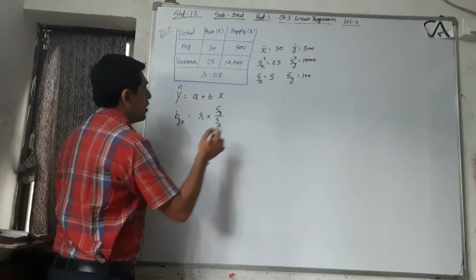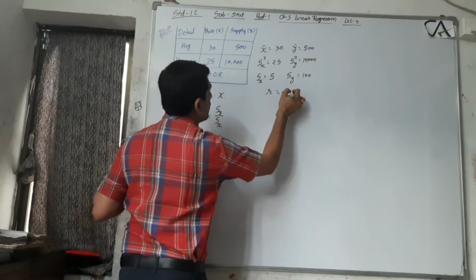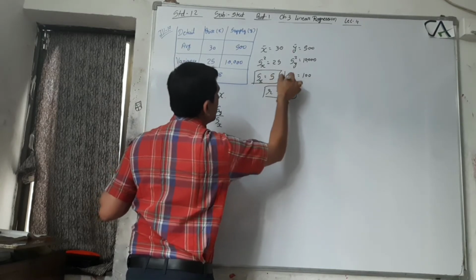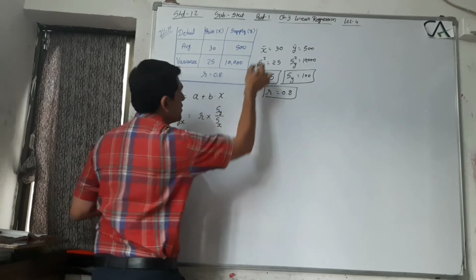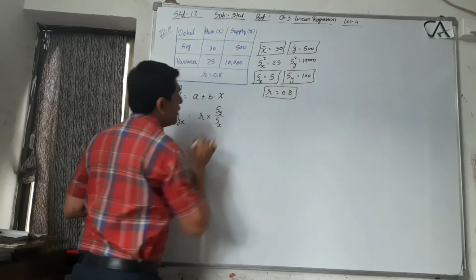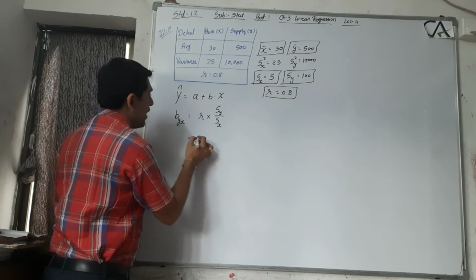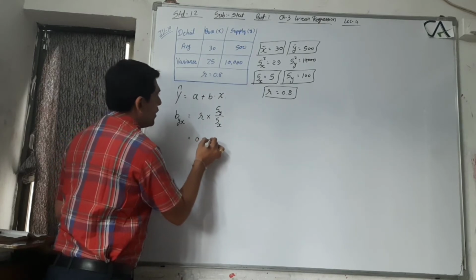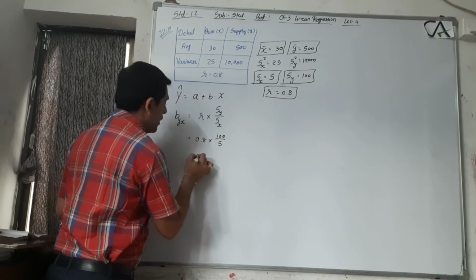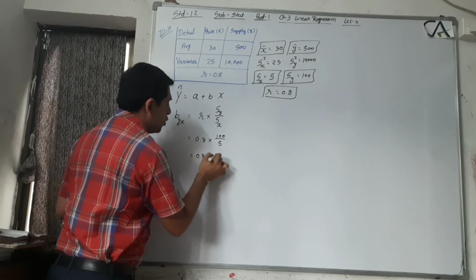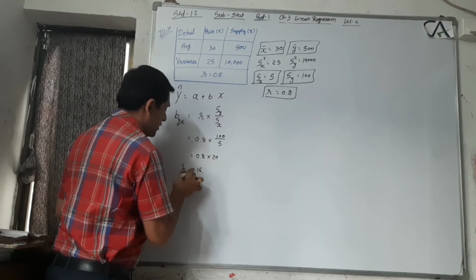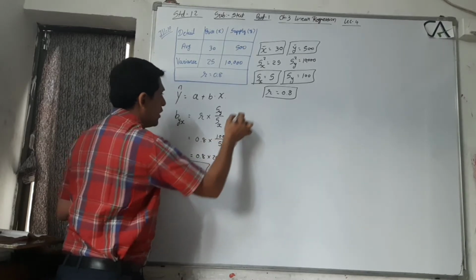Now put the value here. R is equal to 0.8. Three pieces of information are given here for BYX, and for A two pieces of information are here. So BYX is equal to 0.8 into 100 divided by 5, that is 0.8 into 20, that is 16. So your BYX is equal to 16.